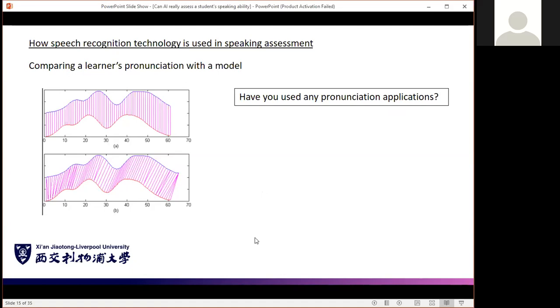So, a question over to you, language experts, teaching languages, learning languages. Have you used any pronunciation applications? I expect everyone's used, I hope everyone's used at least one. If you can tap it in the chat. Linda, come on. For Chinese, you must have used one.